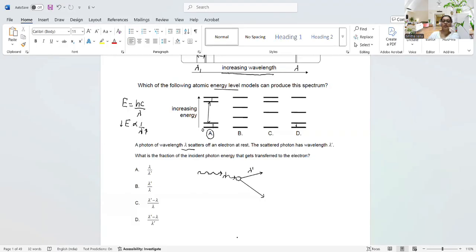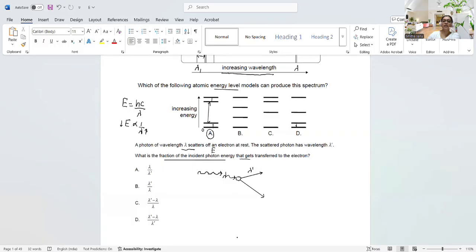What is the fraction of incident photon energy? So you need the fraction of incident photon energy, that is E on the input side. Whatever photon that has a wavelength lambda, what is the energy of that incoming photon? And that gets transferred to the electron.